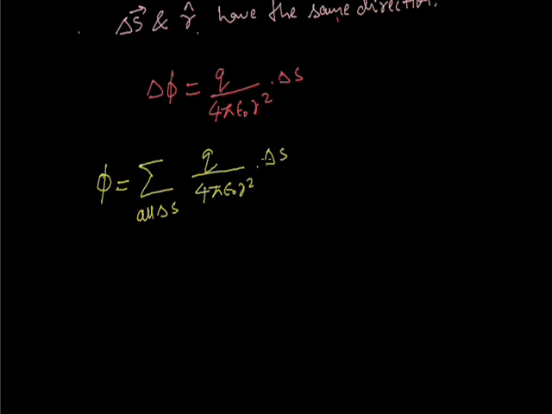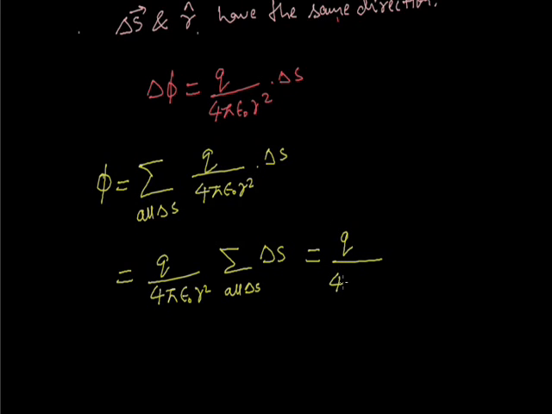Since each area element of a sphere is at the distance r from the charge, we can write phi equal to q upon 4 pi epsilon naught r square times sigma of all delta s. So this can be written as q upon 4 pi epsilon naught r square into S.